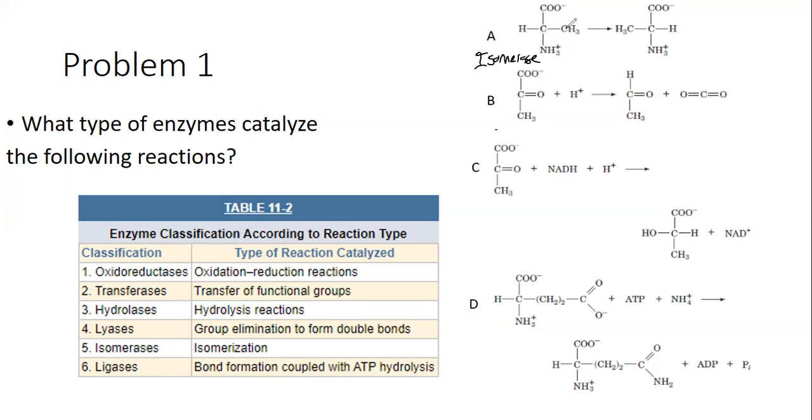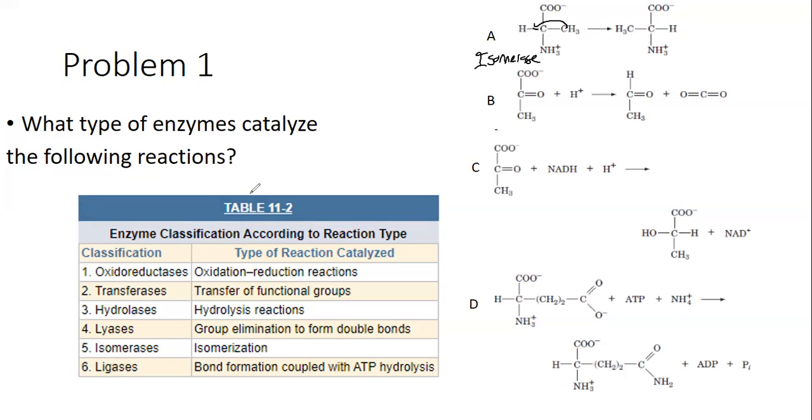All I'm doing is moving this CH3 over to the other side. I'm changing the chirality of this group. So I'm doing an isomerization reaction because I'm just isomerizing a group. To be a transferase, I would have to bring in a new functional group and replace it with my NH3 or something like that.